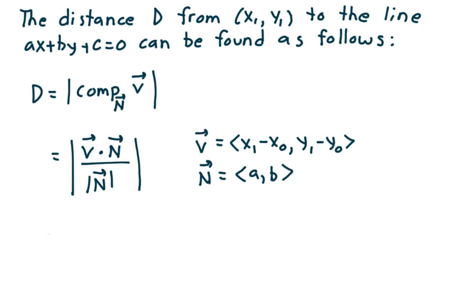But that's equal to the absolute value of the dot product of v and n divided by the magnitude of n. Now, let's remind ourselves, v is the vector (x1 minus x naught, y1 minus y naught), and then n is the vector (a, b), like this.